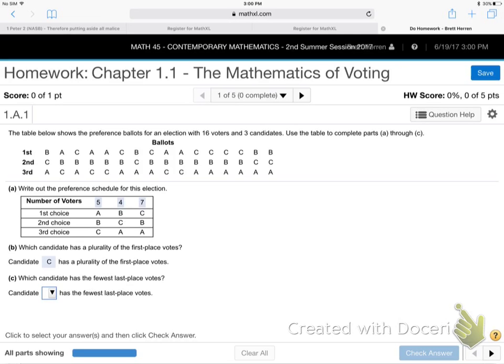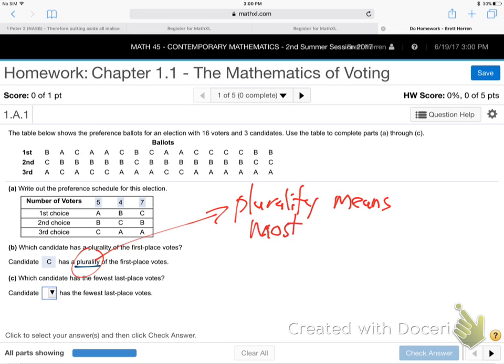Okay, so plurality. That's an important word we're going to talk about a lot. A plurality means the most first place votes. That's different. I want to help you distinguish the terms. Majority, how is majority different than plurality?